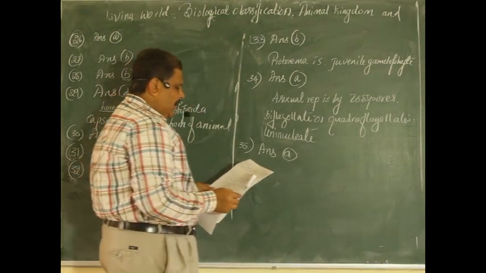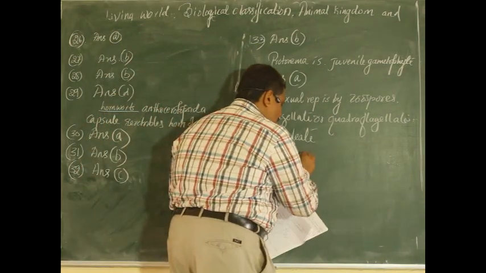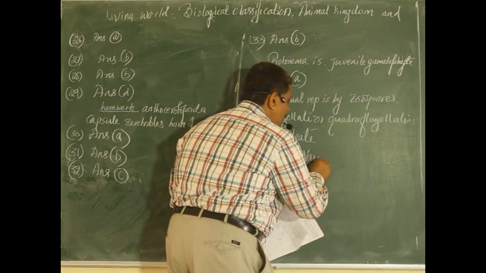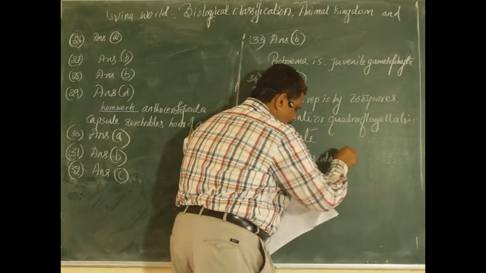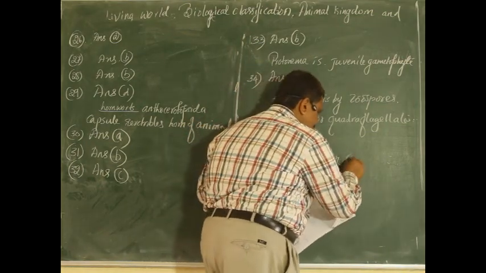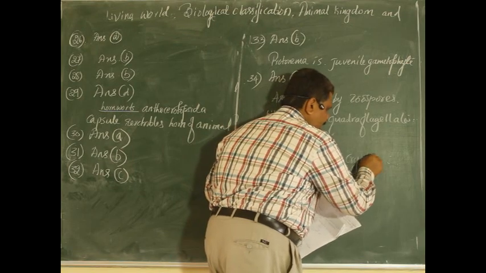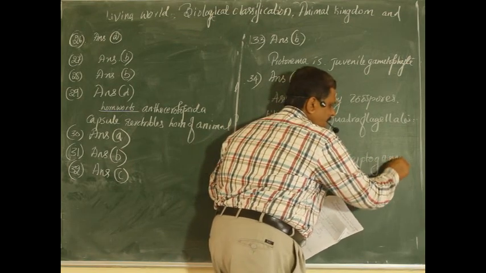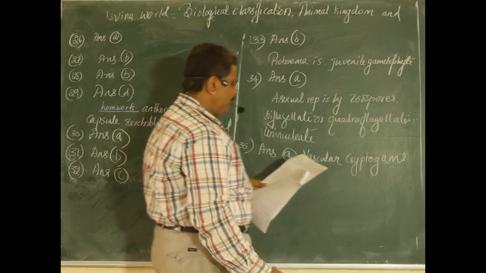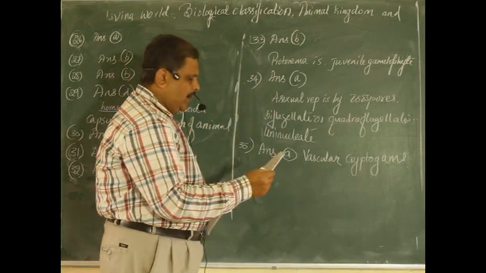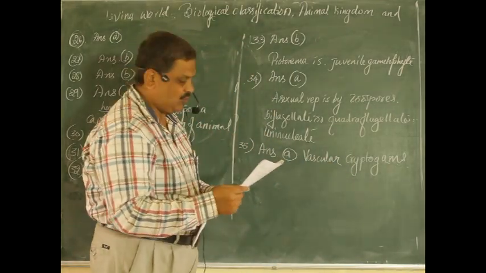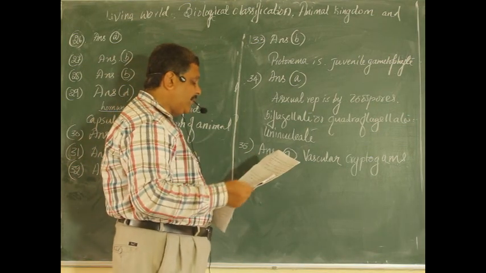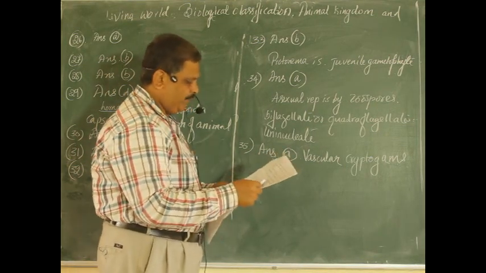Pteridophytes are also known as vascular cryptogams because they possess vascular bundles, xylem and phloem, of a primitive type.